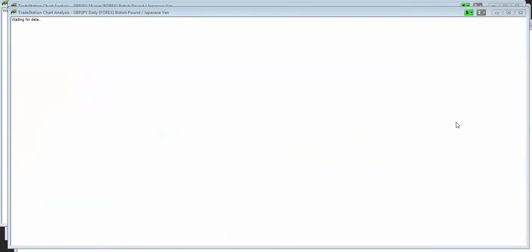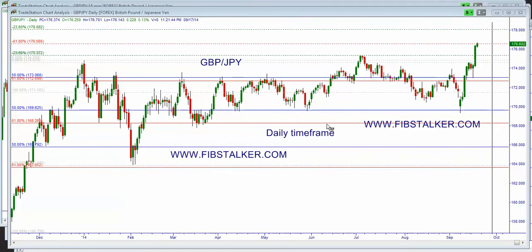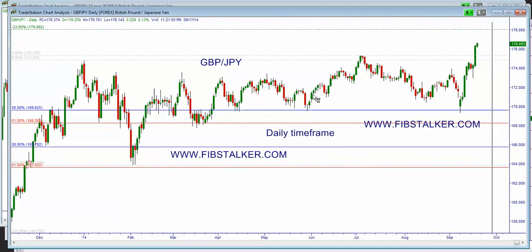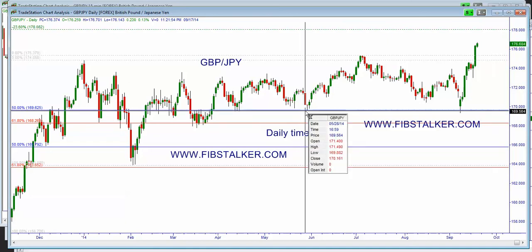Moving to the pound versus Japanese yen, same situation here. The market was able to retest this 169.60 level. Sorry, not retest.